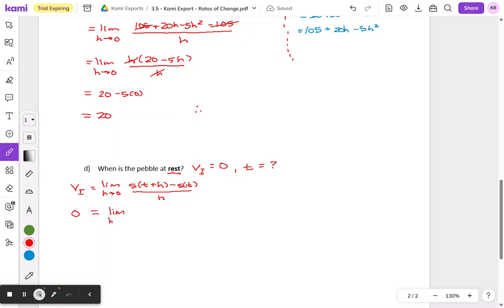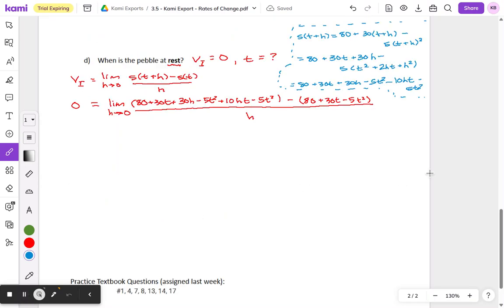I'm going to go off to the side. I know S at t is just going to be the regular formula, and I'm going to keep t in there. And so I have to figure out what S at t plus h is. So I will be back, and you can go ahead and do this.